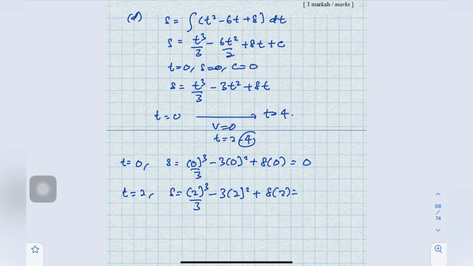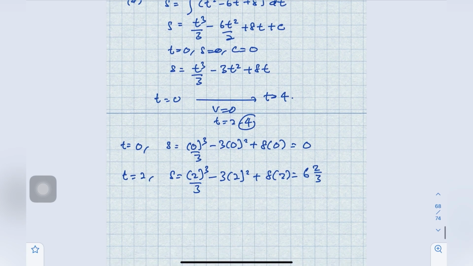This one we will get 6 2/3. When t equals 4, S is 4 cubed over 3 minus 3 times 4 squared plus 8 times 4. So this one equals 5 1/3.